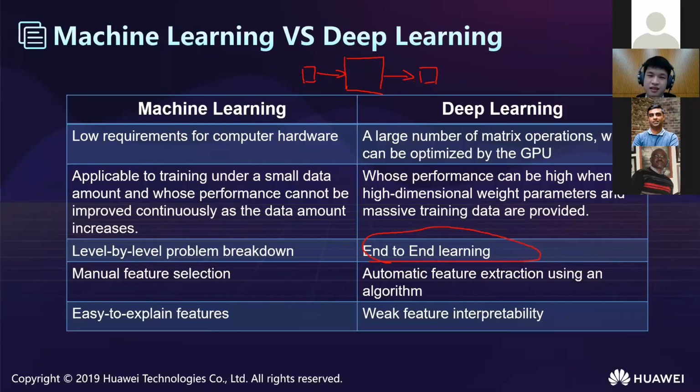And in machine learning tasks, we need to select the data sets and clean the data sets. But in deep learning, we only need to care about the data and the output. Okay, but the disadvantage of the neural network is it's very hard to explain.